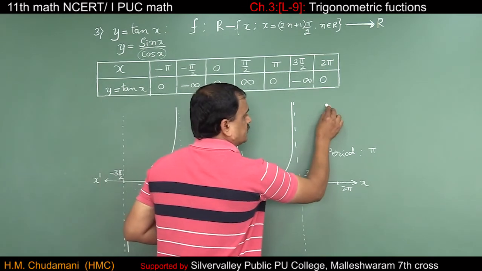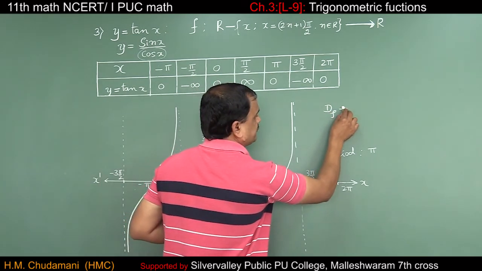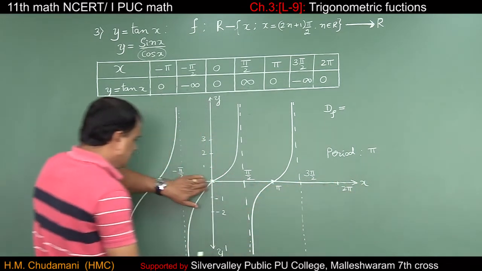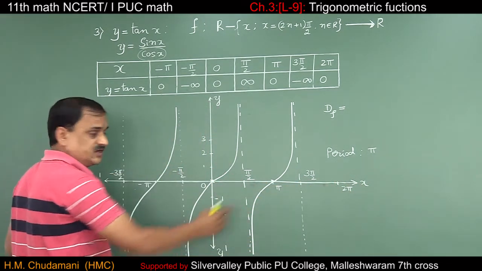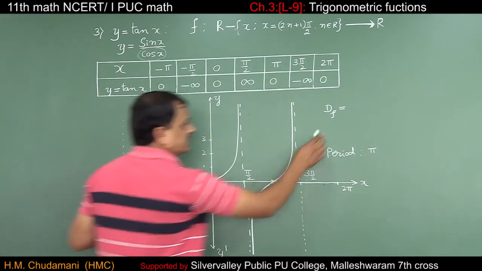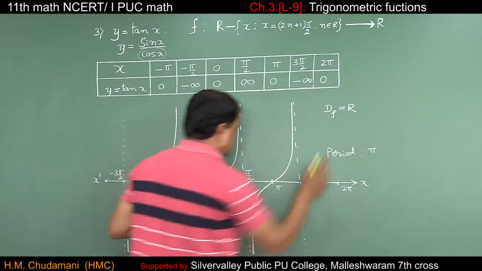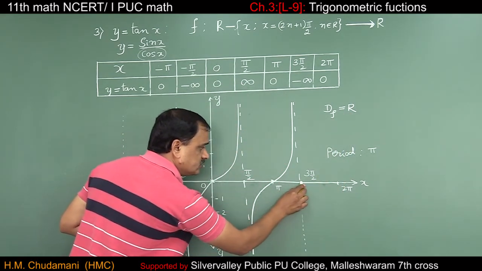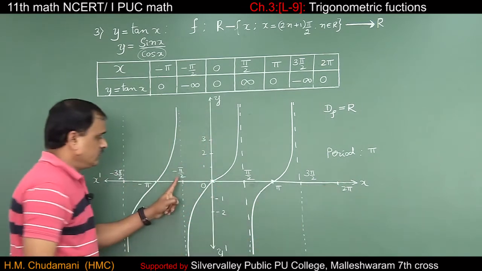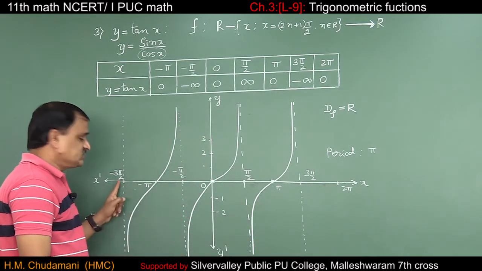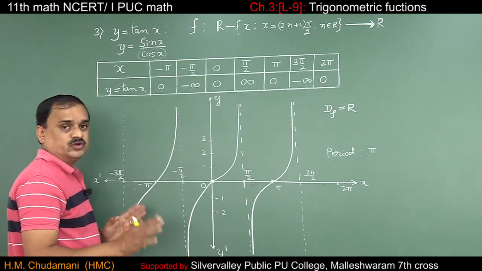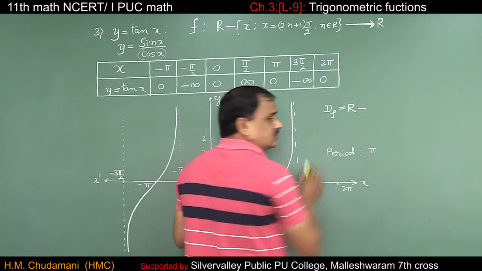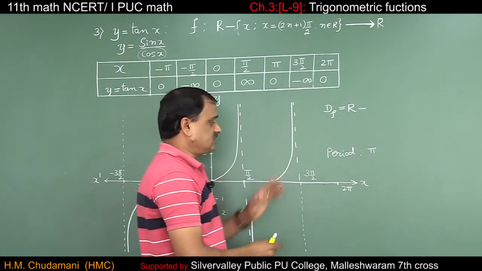Look at the domain. The domain of the function is minus infinity up to plus infinity, that means all the real numbers, but we cannot take pi by 2, 3 pi by 2, 5 pi by 2, minus pi by 2, minus 3 pi by 2. Odd multiples of pi by 2 you can't take. That's why you need to remove odd multiples of pi by 2 from the set of real numbers.